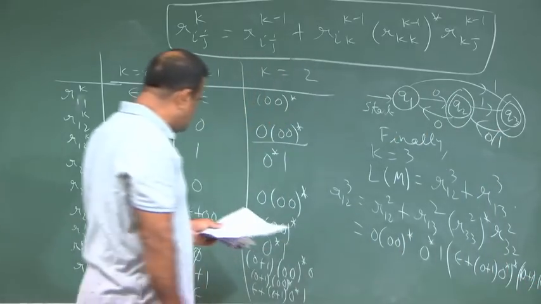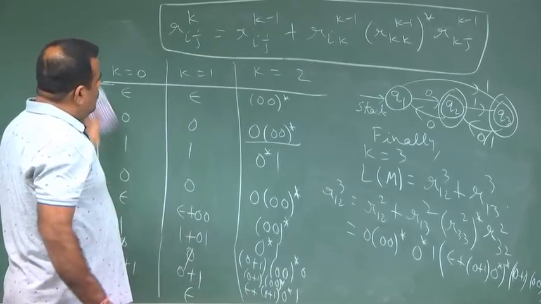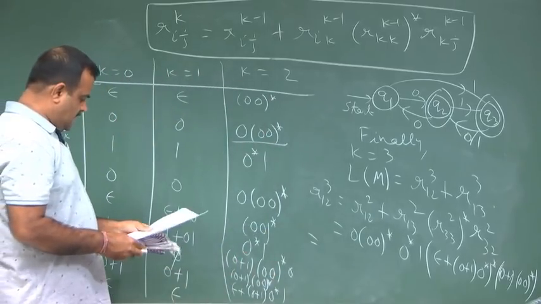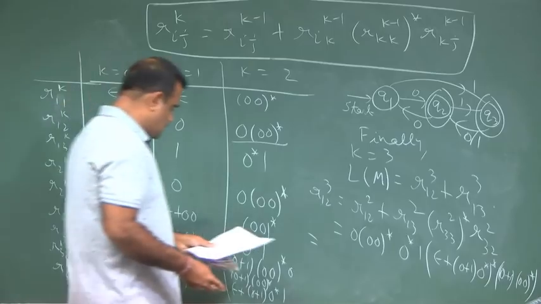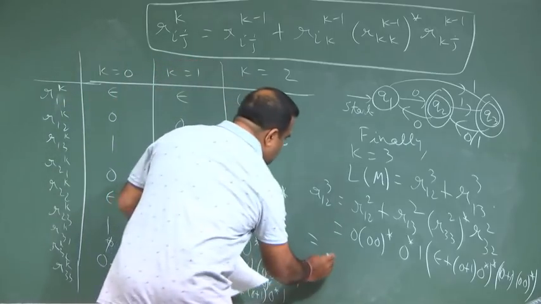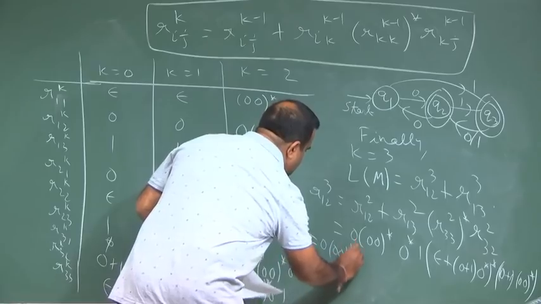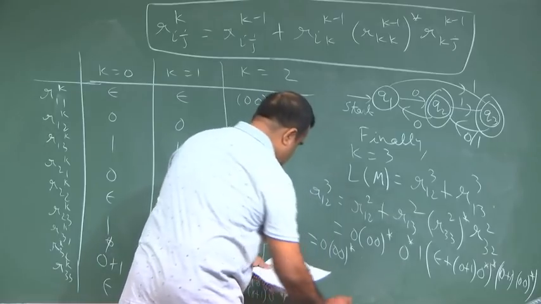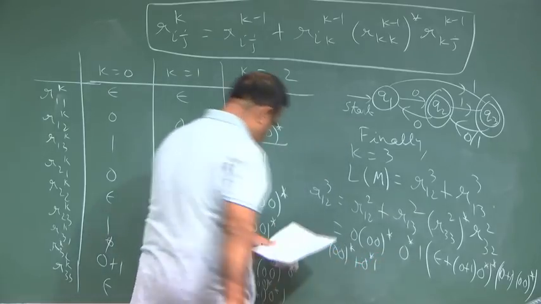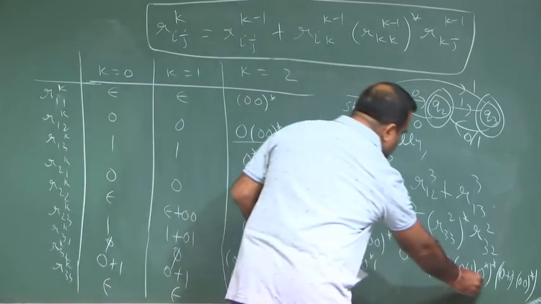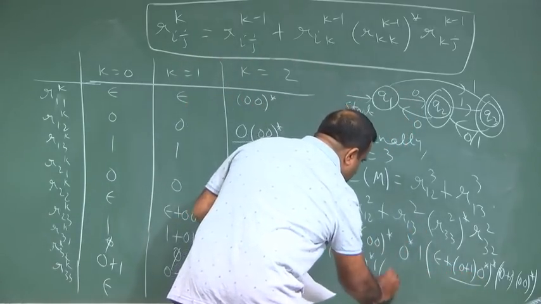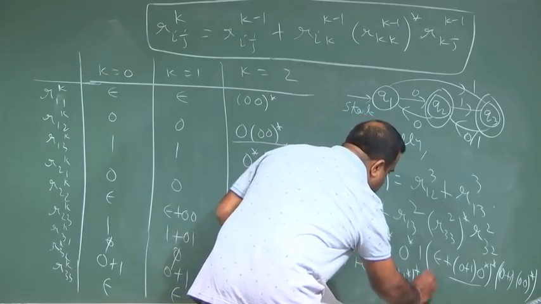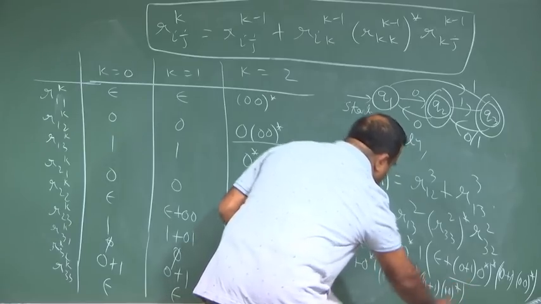If you simplify this, we can do a little simplification: 0 0 0 star will remain the same, plus 0 star 1, then epsilon plus 0 plus 1 0 star star, and then 0 plus 1 0 0 star.